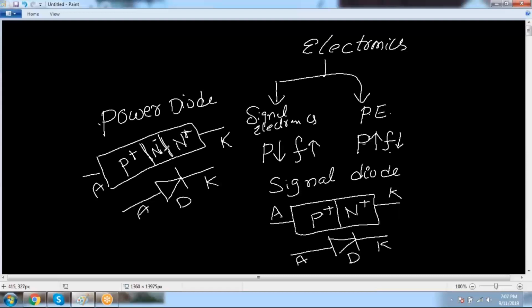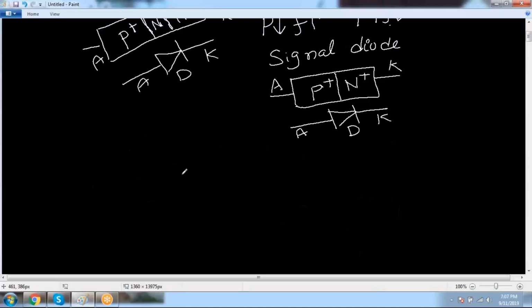Dear students, I'll explain this point shortly. The greater the thickness of the N minus layer, the greater the blocking voltage capability. Now we will discuss it in detail.